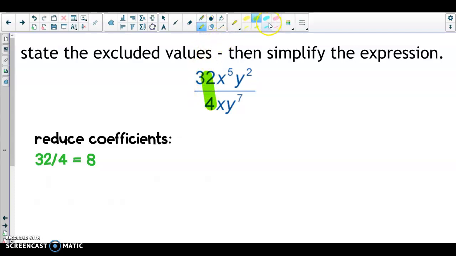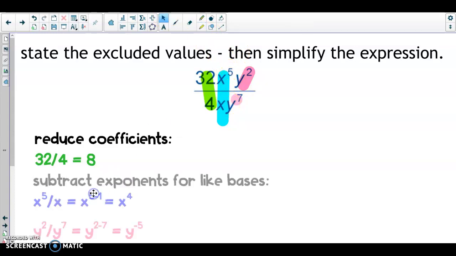The second thing we were going to do is look at the x's and simplify that piece, and then look at the y's and simplify those as well. When you have a term in the numerator and a term in the denominator with a like base, remember our exponent law says that we can subtract the exponents to simplify.